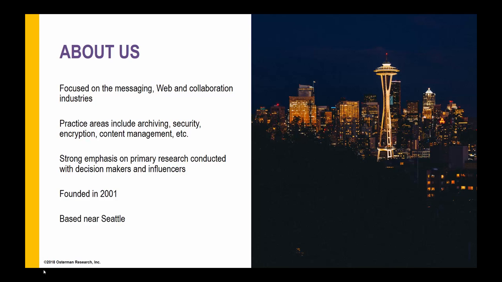We have a very strong emphasis on primary research. We're continually doing research with IT decision makers and influencers, really trying to understand what organizations are going through, the problems that they experience, where they like to cut costs, where they're going to make investments, and so forth. The company was founded in 2001, and we're based near Seattle.